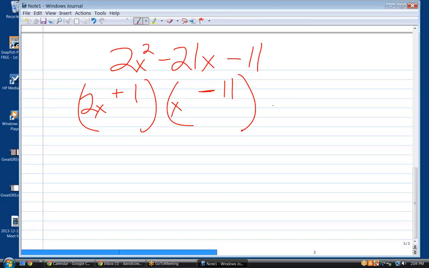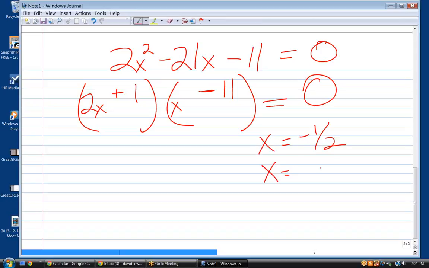So if this is all equal to 0, I know they said just factor it, and you've done that. But what would the solutions be if this was equal to 0? Wouldn't it be, hold on, would it be negative 1/2 and then 11?